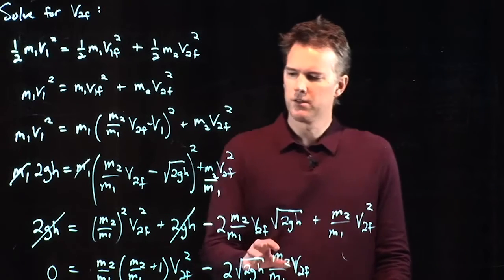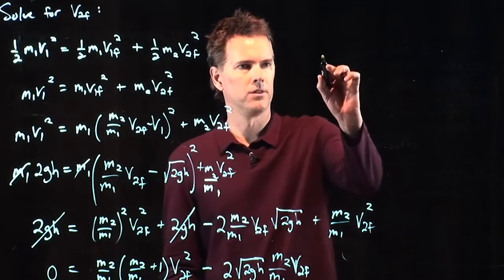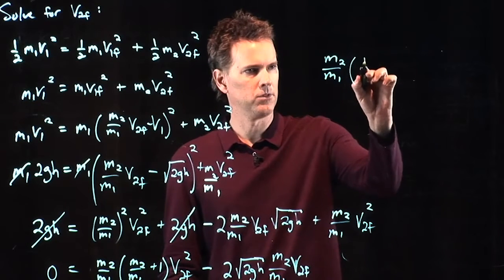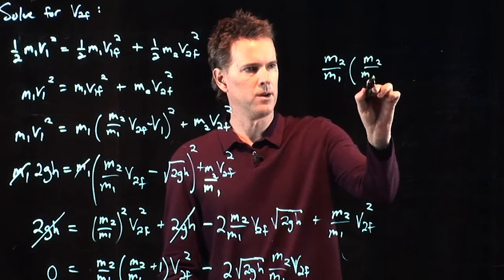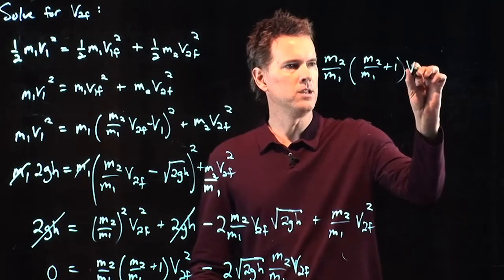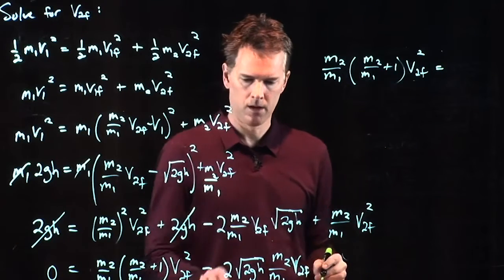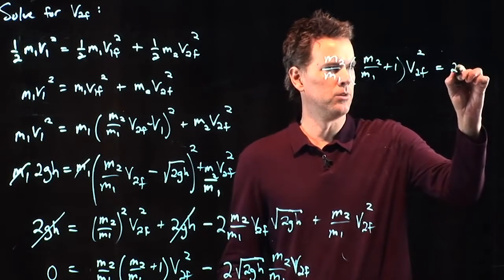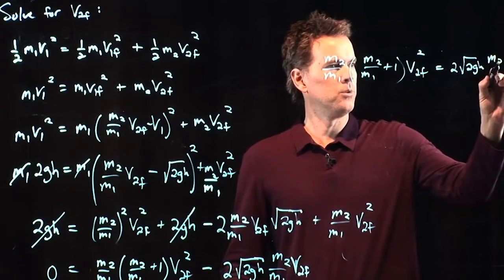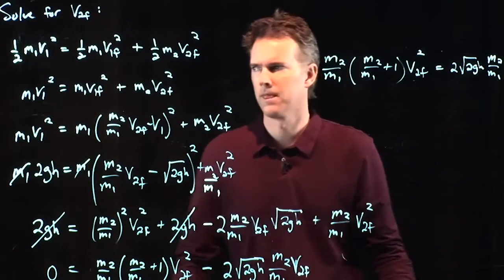I'm just going to move this stuff over to the other side and rewrite this equation. m2 over m1 times m2 over m1 plus 1 times v2f squared equals this stuff. 2 square root 2gh m2 over m1 times v2f.